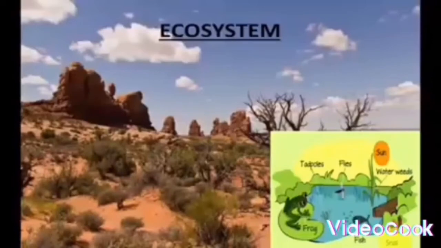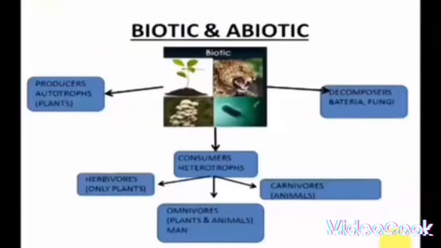This is an example of an ecosystem. Now, we said even a pool or a pond is an ecosystem, because there in the water you find hydrophilic plants and animals.